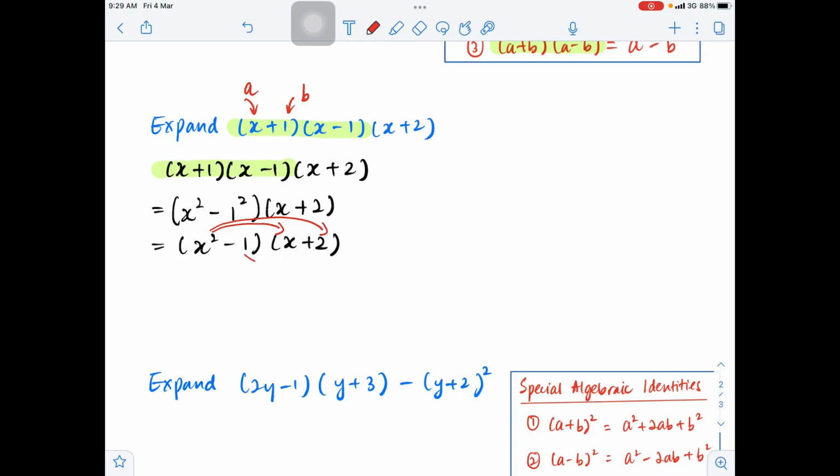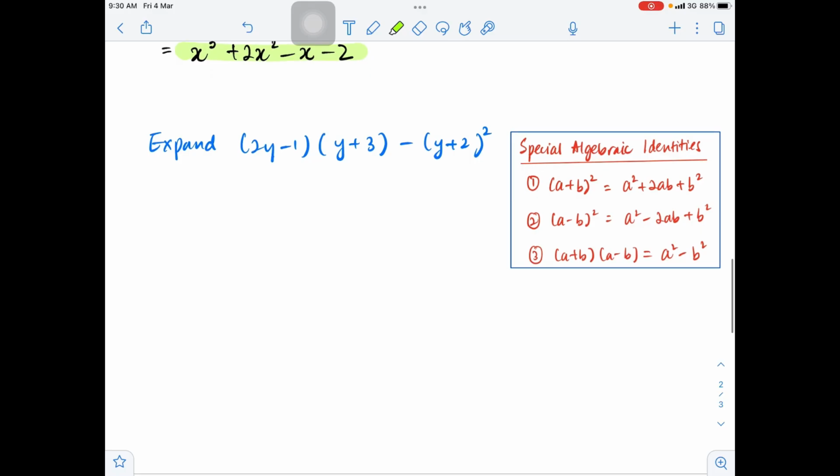So we can use the distributive law and we can expand x squared times x to get x cubed, x squared times 2 to get 2x squared, negative 1 times x to get negative x, and negative 1 times 2 to get negative 2. Let's check. There are no more like terms, so therefore our final answer is x cubed plus 2x squared minus x minus 2.